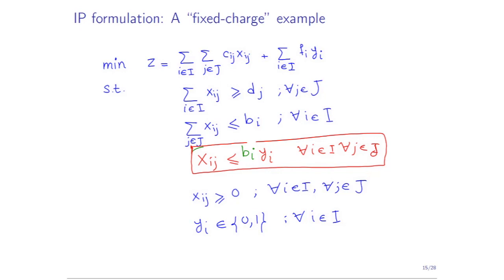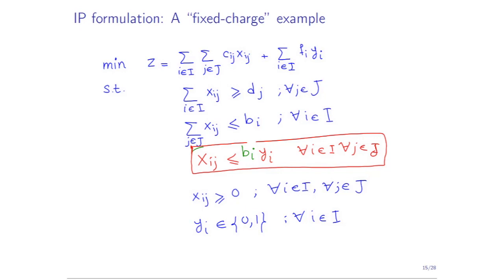So in this case, when I force yi to be 1, this constraint will be of the form xij less than or equal to bi, or simply saying that you cannot ship from depot i to destination j more than the capacity of that depot, which is absolutely valid.